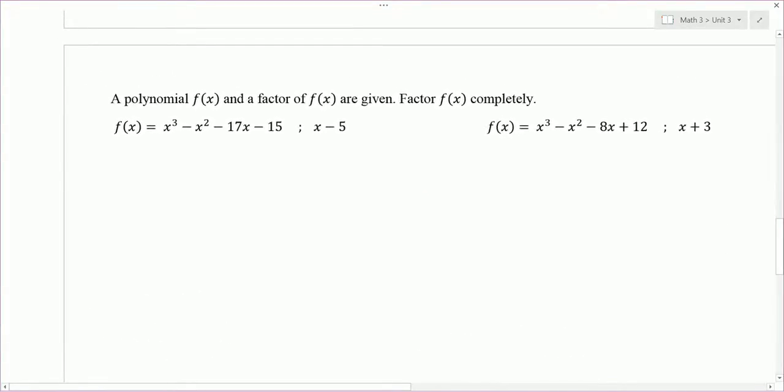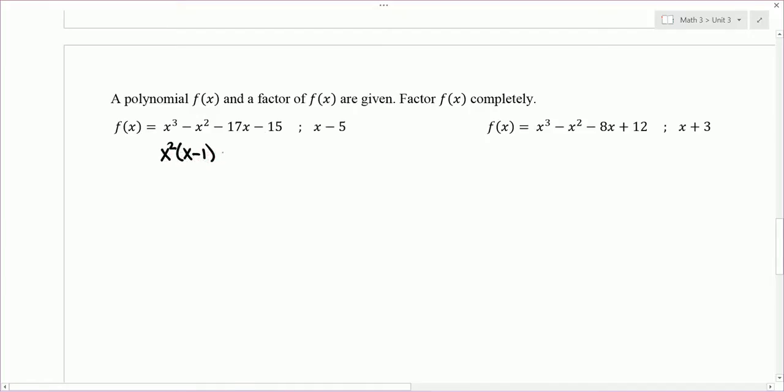So our goal now is to factor completely. Last time we were together, we looked at factoring 4 terms by grouping, and sometimes that works, sometimes that doesn't. Don't write this down, but let me show you that factoring by grouping won't work here. So here I have 4 terms. The left 2 terms I could factor out an x squared.